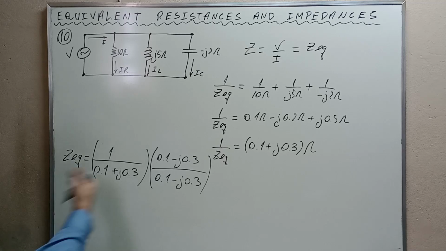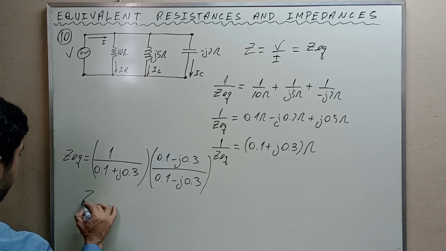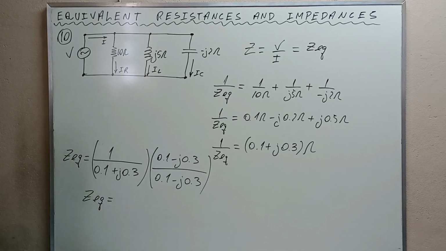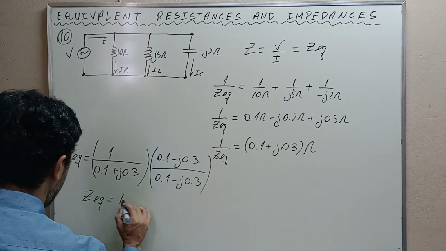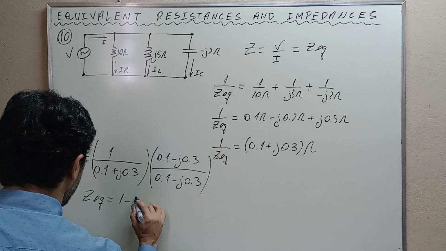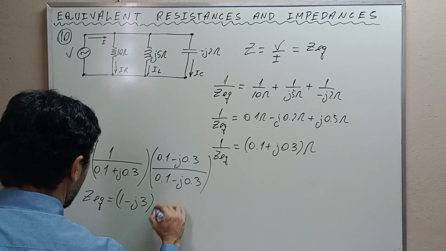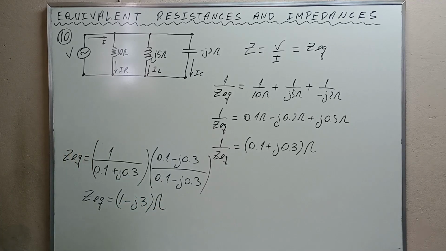We can multiply anything by 1 without altering it. If we continue developing this, we find that it is equal to 1 minus J3 ohms. And this is the solution of the exercise. This is the equivalent impedance.